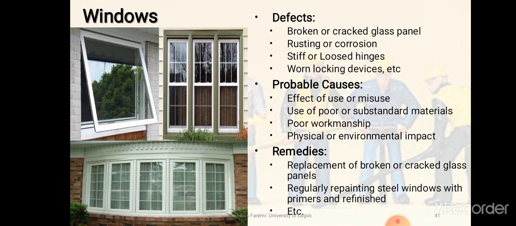For defects relating to corrosion in steel windows, regular repainting of the steel elements of the window with anti-corrosion paints or primers can be very helpful.